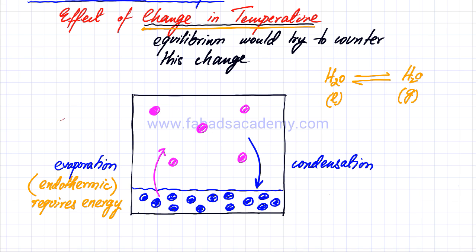On the other hand, in condensation, steam molecules are going to lose energy, and when they lose energy, they condense into liquid water. So this reaction is going to lose energy, which means it's going to produce energy. This reaction is exothermic. It's going to release energy.